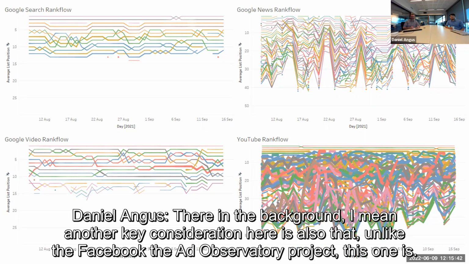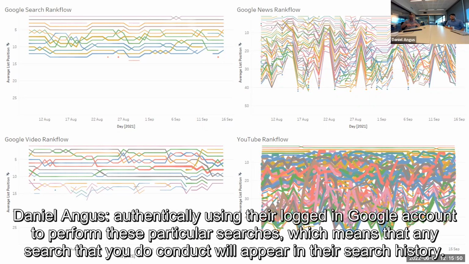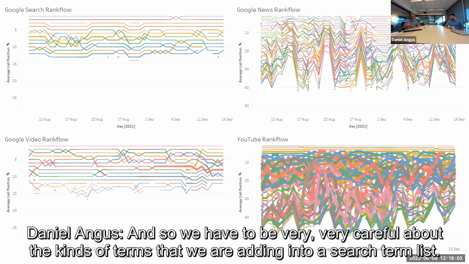Another key consideration here is that, unlike the Facebook Ad Observatory project, this one is using the user's logged-in Google account to perform these particular searches, which means that any search that you do conduct will appear in their search history. And so we have to be very, very careful about the kinds of terms that we are adding into our search term list.